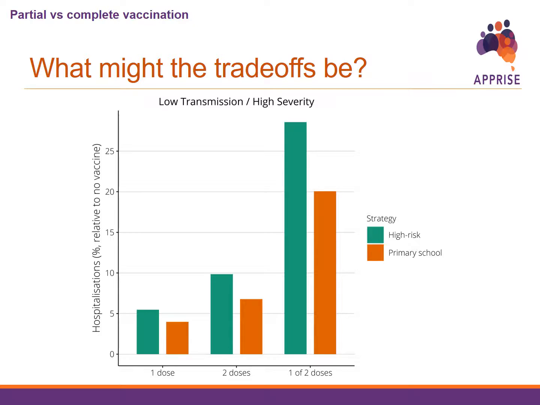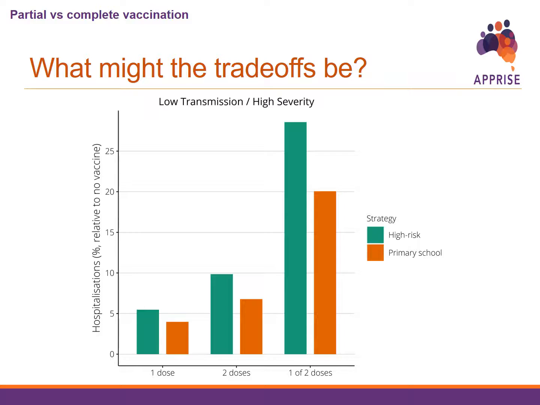This figure tries to represent that by showing the results of a simulation in which individuals were immunised in a population at the time of a pandemic event. The far left column looks at the situation where only one dose of vaccine is needed for full protection.